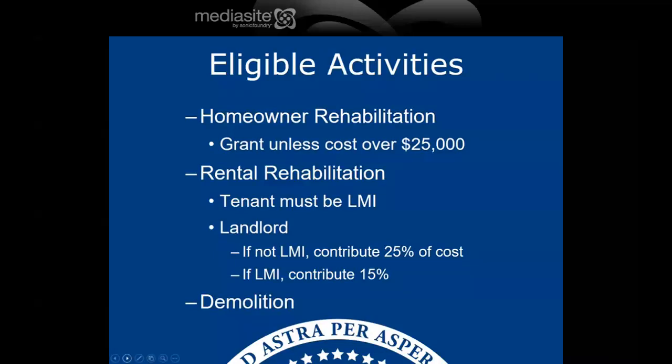You can also do both rehabs in one grant application, and you can also add demolition to that. Because if we rehab homes on each side of a really bad home that needs to come down, we're not really maximizing our dollars, we don't feel. So we want to add demolition in there, which can be done as slum and blight, and take out any properties that are dilapidated.